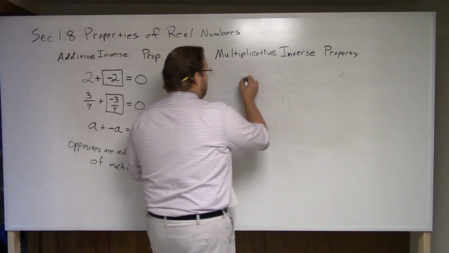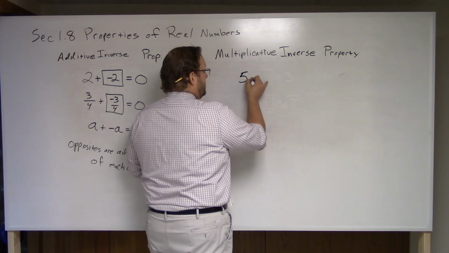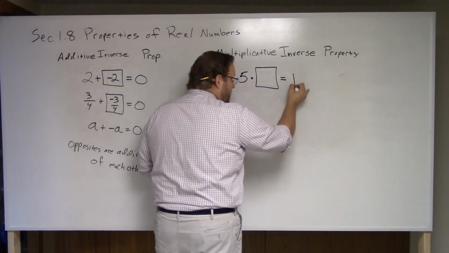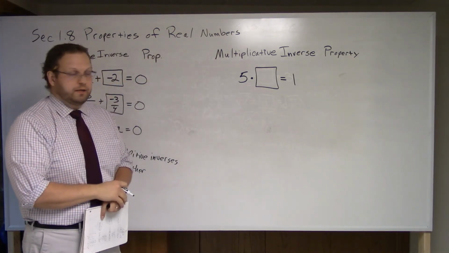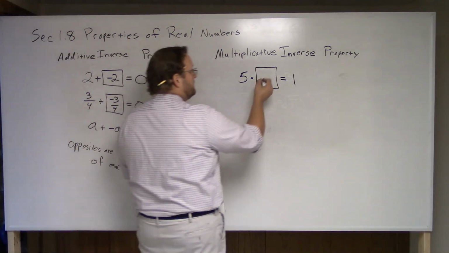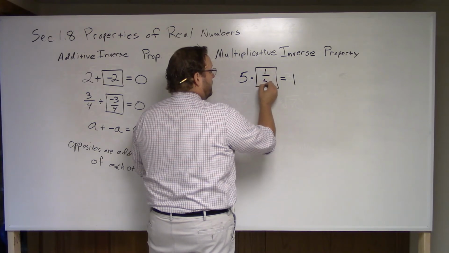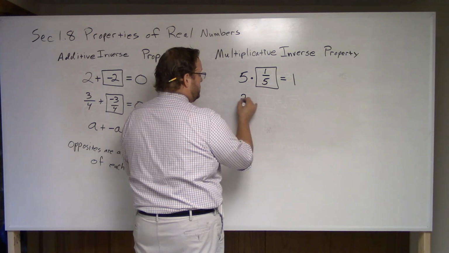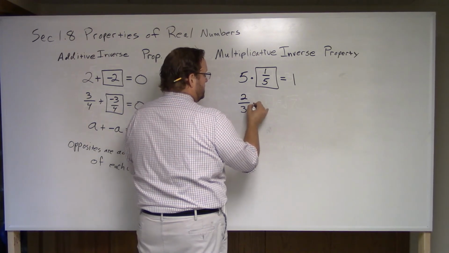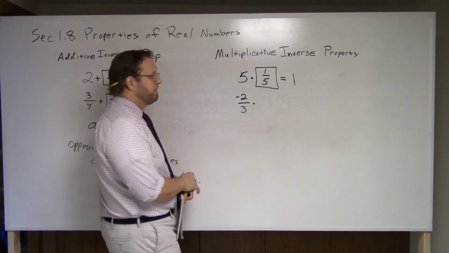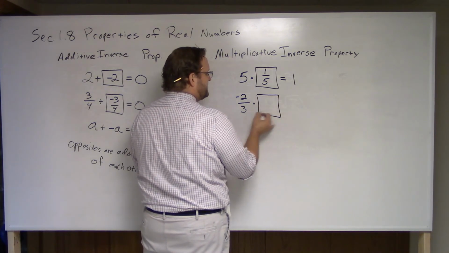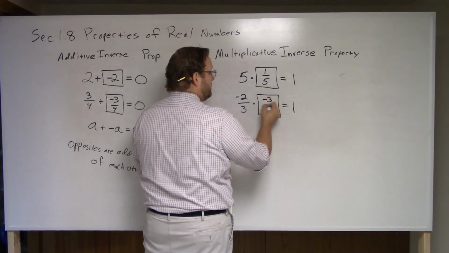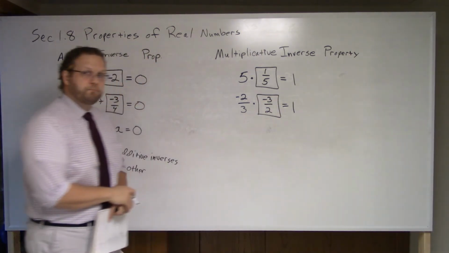So if I take 5, what do I multiply it by to get the identity of 1? Okay, and in this case we are going to be looking for a 1/5. If I take a -2/3, and I want to multiply it by something to get a 1, I would multiply it by a -3/2.